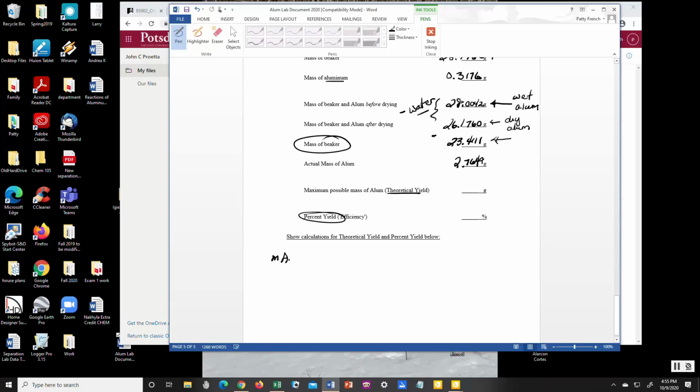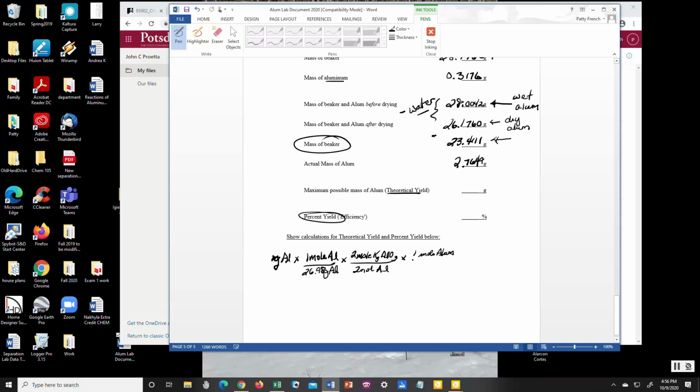It's the mass of the aluminum, in grams, times 1 over the molar mass of aluminum, which is 26.98 grams, times, now we want to convert from moles aluminum to moles of potassium aluminate, so 2 moles of K3AlO3 per 2 moles of aluminum. And now we wanted to convert from potassium aluminate to alum, and that's a 1-to-1 ratio.